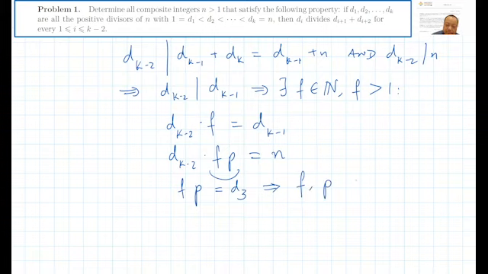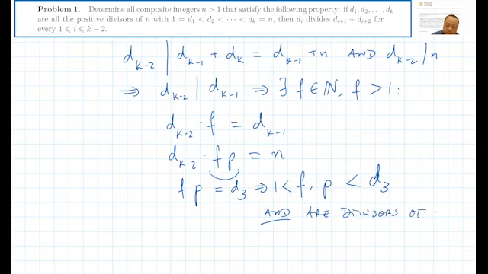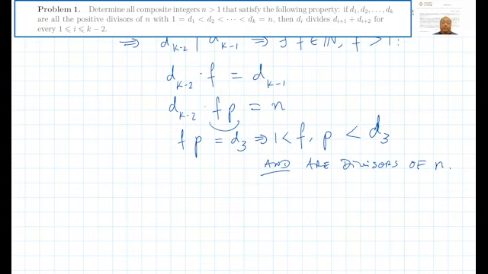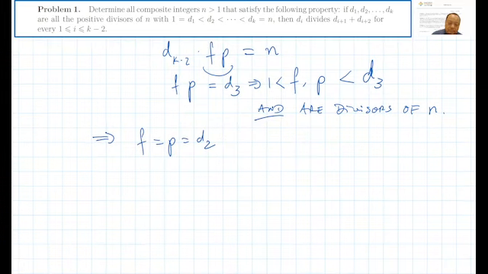That means f, P are both less than d_3 and are both greater than 1 as well, and are divisors of n. Well, there's only one, and that is d_2, so the two of them must be d_2. And therefore, d_3 is equal to P squared. On the actual IMO, I'm pretty sure you can do this with a lot less words.